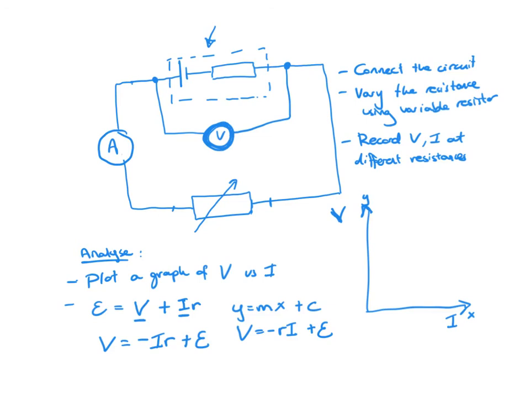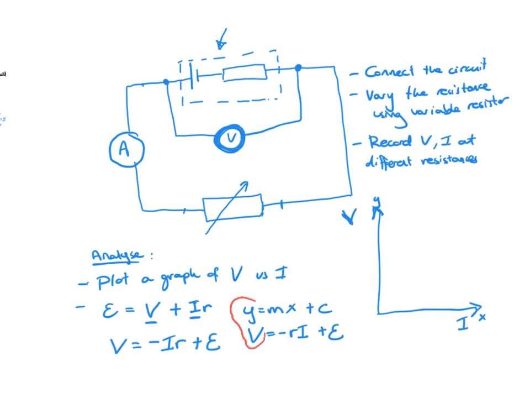Which means I now have my y value as the potential difference, my x value as the current, my y-intercept will be the EMF, so the energy provided by the circuit per unit charge, and my gradient will be my internal resistance, but it will be a negative gradient.